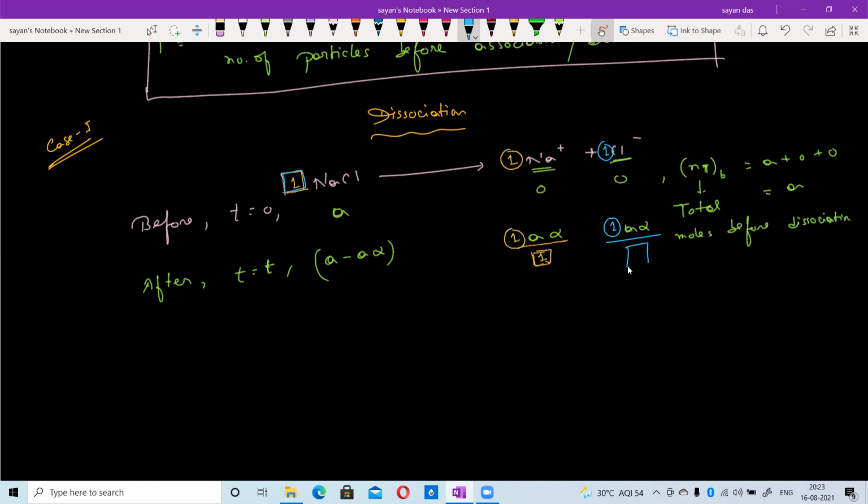The left hand side is always remembered as a minus a alpha. Now, what is a minus a alpha? It is, after dissociation, how many moles of reactant are left. Number of moles of reactant left.